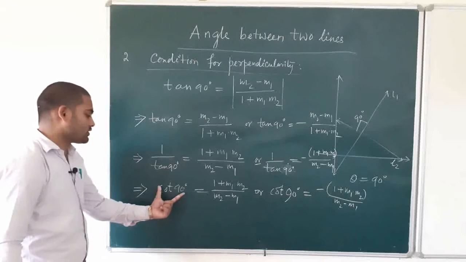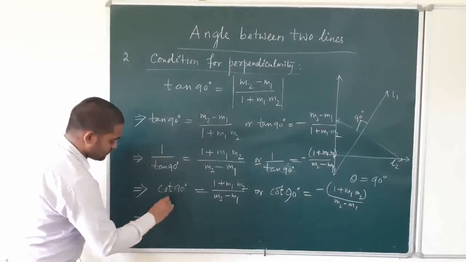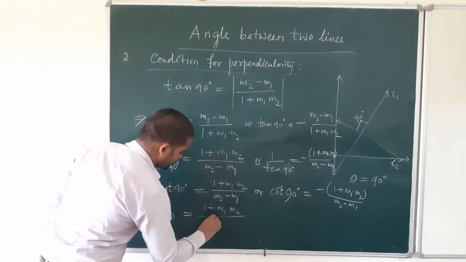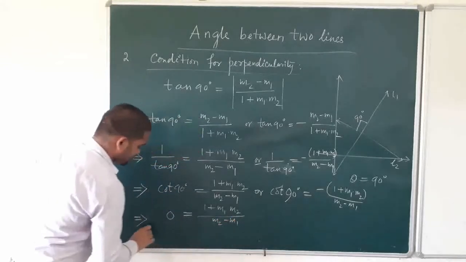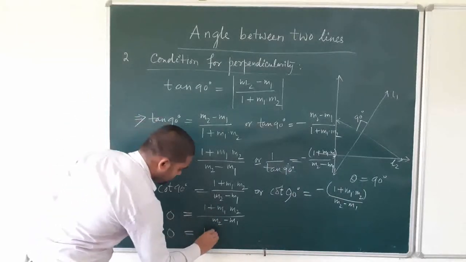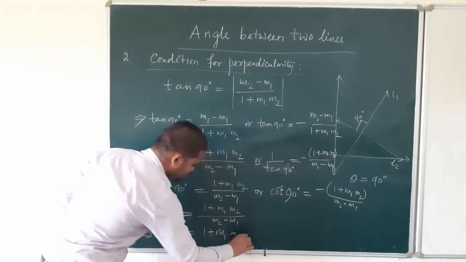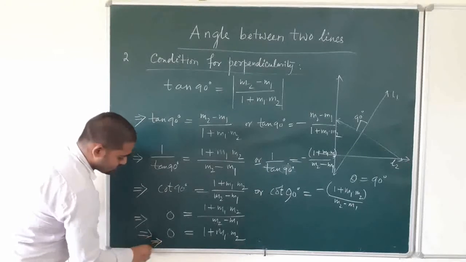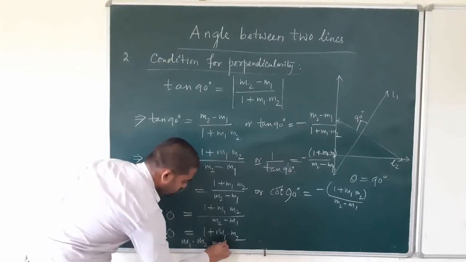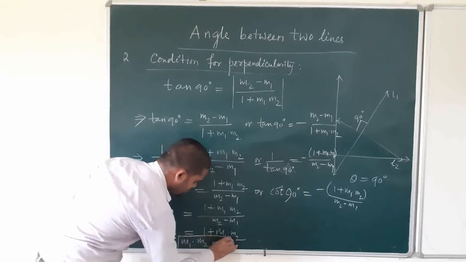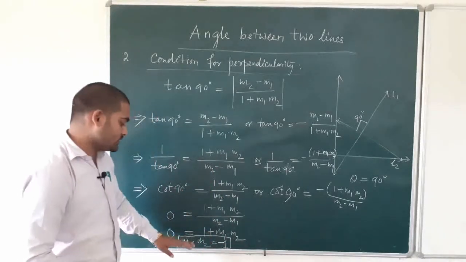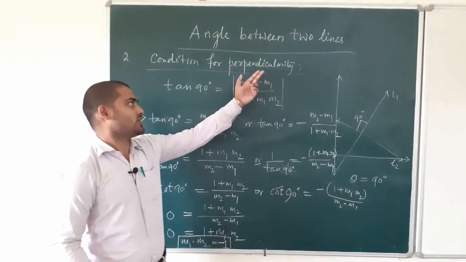And you know cot 90 degree is 0. If you multiply with m2 minus m1, then you get 0 is equal to 1 plus m1 into m2, and that means m1 into m2 is equal to minus 1, and this is the condition for perpendicularity.